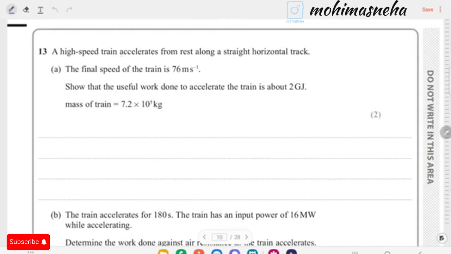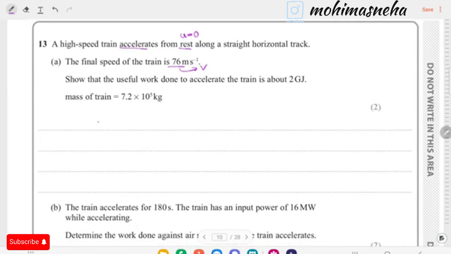A high-speed train accelerates from rest along a straight horizontal track. The final speed of the train is 76, so this is v, and show that the useful work done to accelerate the train is about 2G joules, and the mass of the train is also provided to you. Okay, so over here, since you are provided with the velocity, obviously you have to use the equation half mv square, which is kinetic energy.